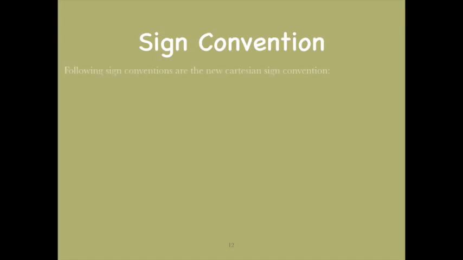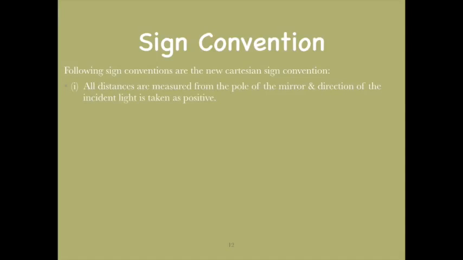So let's learn about the sign convention. The following sign conventions are the new Cartesian sign convention. Here all the distances are measured from the pole of the mirror and the direction of incident light is taken as positive. In other words, the distances measured toward the right of the origin are positive.